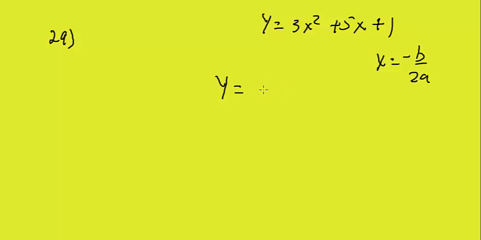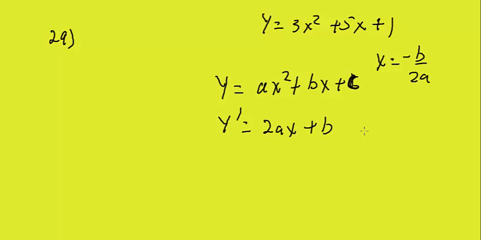You're just going to be wild in a second. y is equal to ax squared plus bx plus c is an equation of a parabola, right? Let's take the derivative of this. 2ax plus b. This is the slope of the curve. At the vertex, what is the slope of a parabola?